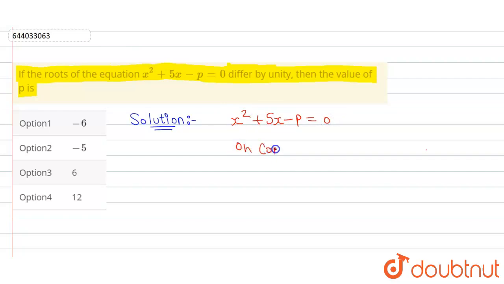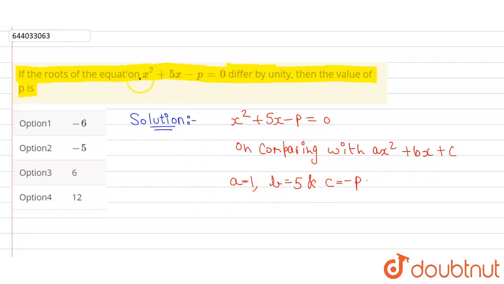Now on comparing this equation with ax square plus bx plus c, we get a as 1, b as 5 and c as minus p. Now roots of the equation are alpha and beta, and we know alpha plus beta is minus b by a.